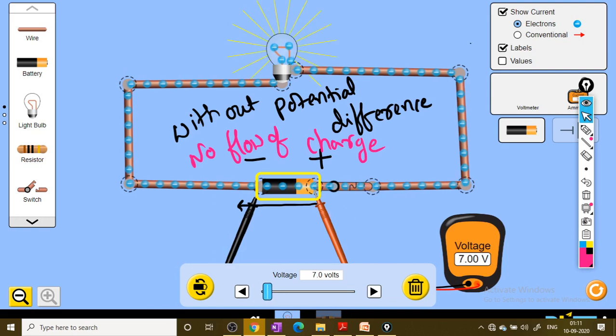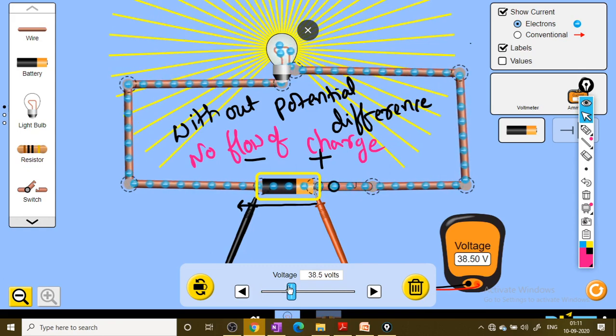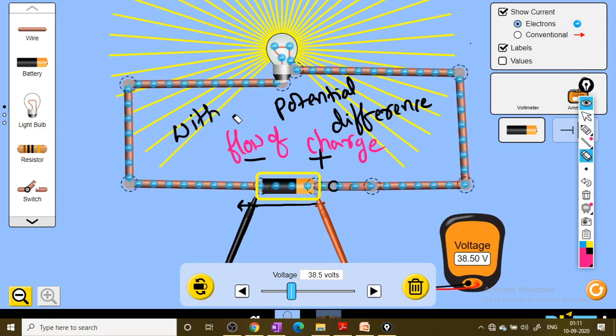Now if I give the potential difference, the more potential difference we give, the more energy is available. The potential difference is there across the cell, and the same potential difference causes electrons to move.